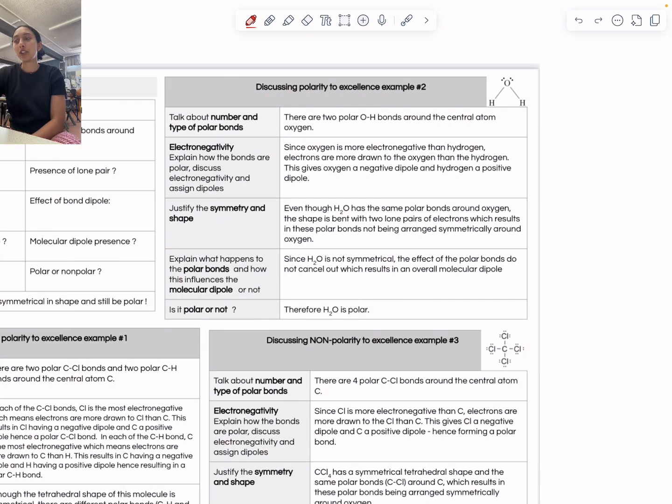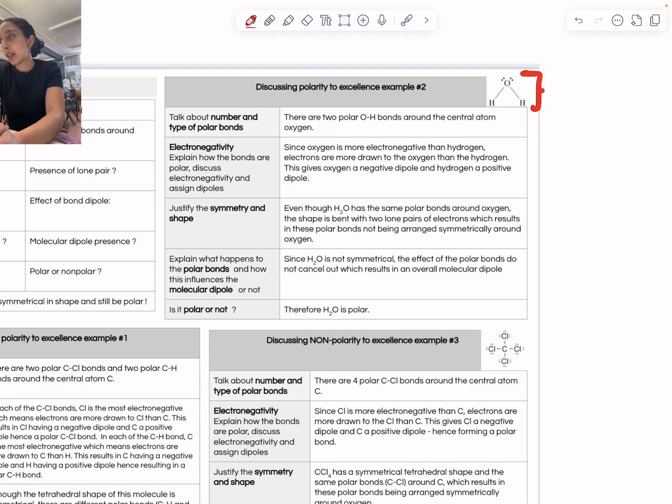Even though H2O has the same polar bonds around oxygen, the shape is bent with two lone pairs of electrons, which results in these polar bonds not being symmetrically arranged around oxygen. Another way to write that is that even though H2O has the same polar bonds around oxygen, the bent shape is actually unsymmetrical.